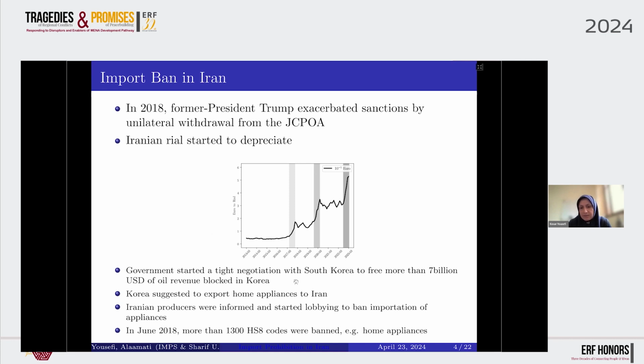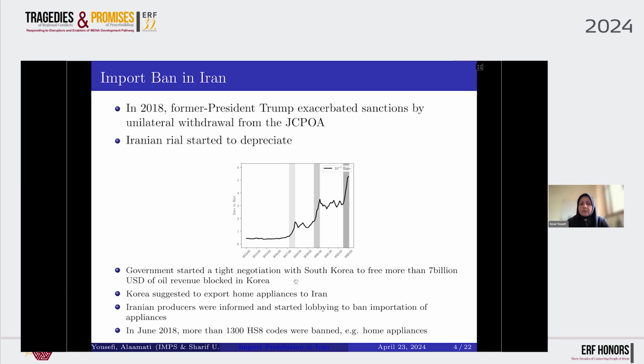And as a result of those negotiations over unfreezing the money, the South Korean government offered to export Korean products to Iran, especially home appliances, some garments, and so on.